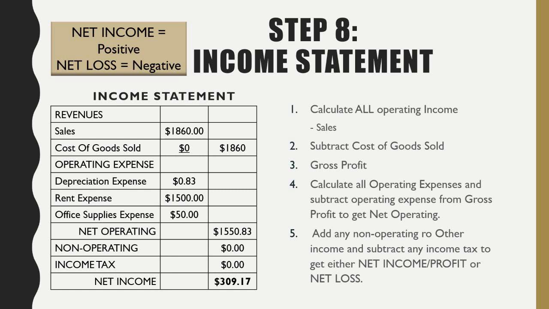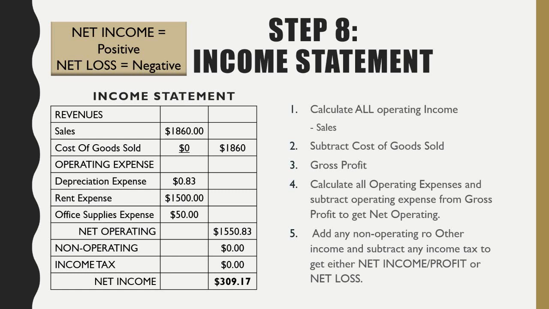Now, when we talk about income tax, this is more for corporations because you get taxed twice, right? You get taxed at the corporate level and you get taxed at the income level. So in this case, the income tax for this particular scenario does not apply, but it is something you should know if you are going to be working on this kind of statement for a much bigger company, all right?